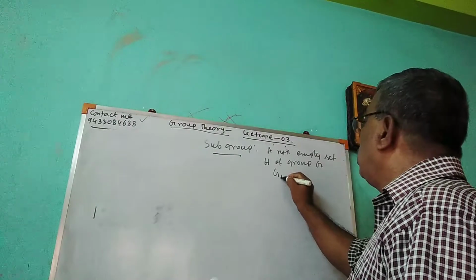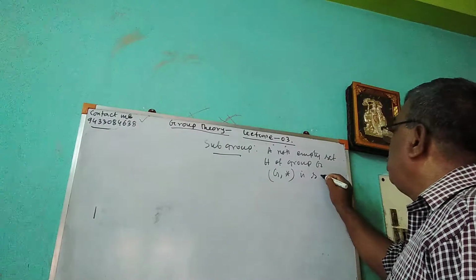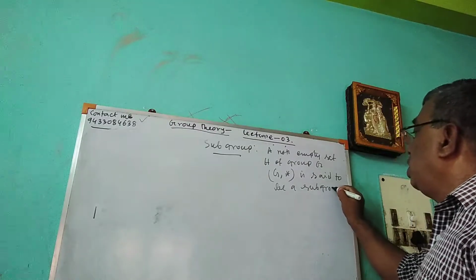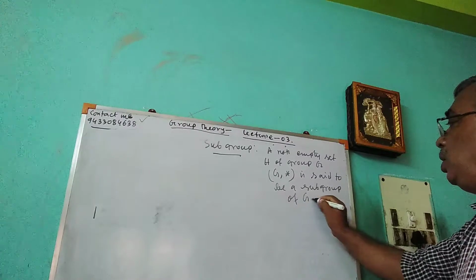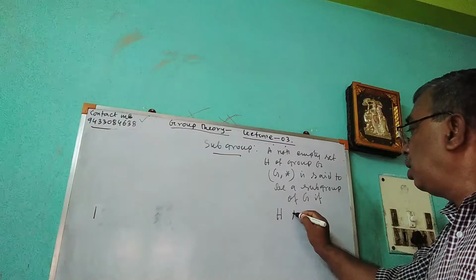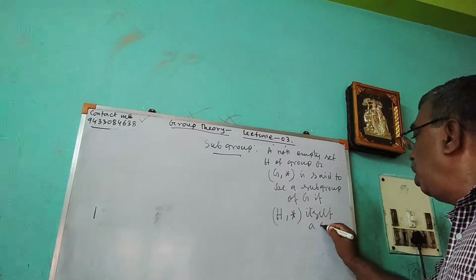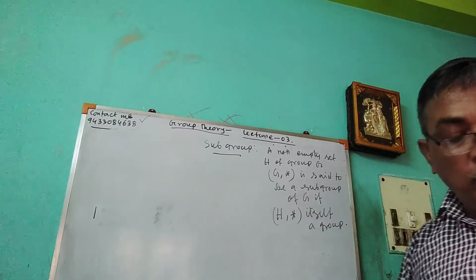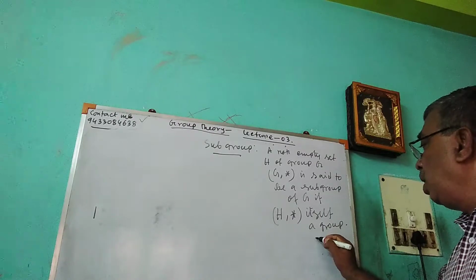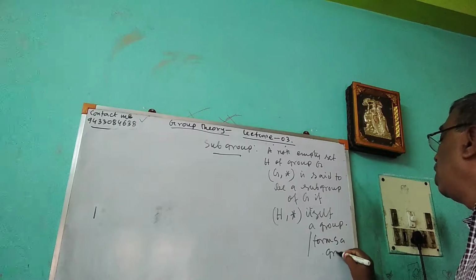that is, G star, is said to be a subgroup of G if H star is itself a group, or you can say H star forms a group.